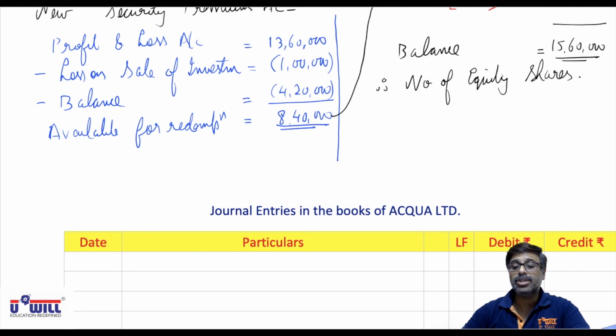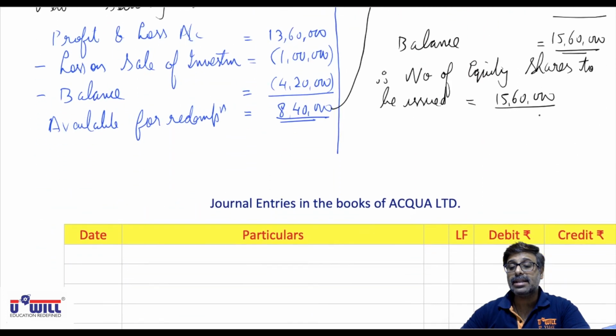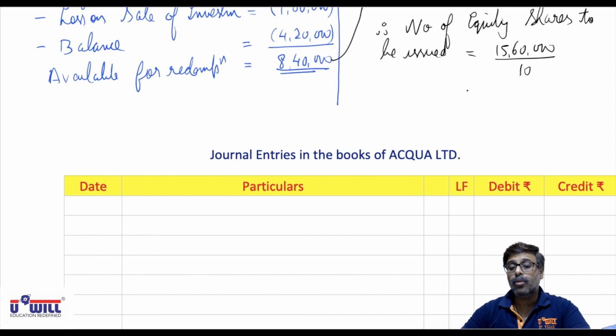Number of equity shares to be issued will be equal to 15,60,000 divided by, what is the face value of equity shares? 10 rupees. So 15,60,000 divided by 10, 1,56,000 equity shares will be issued.